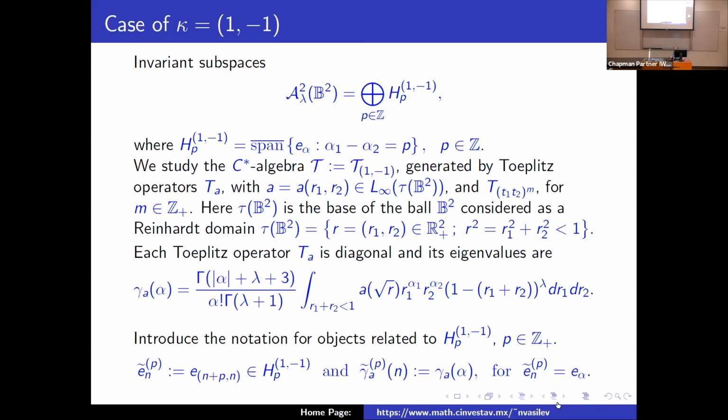So this is just to simplify. We simplify just to have one parameter basis on each invariant subspace and one parameter spectral sequence.